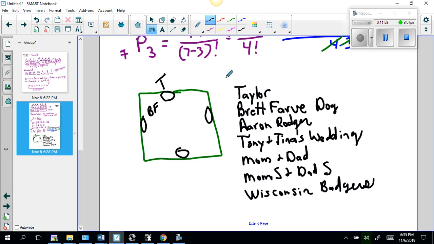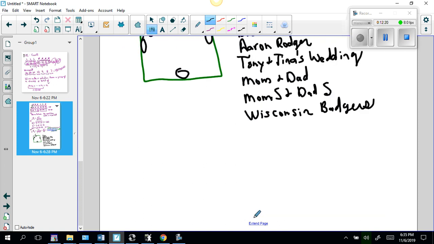Now, can I use a picture more than once? The answer is no, because I only got one of each. So you can't repeat. So no repetition, because it's impossible to repeat because I don't have duplicates of my pictures, and order is important. You know how many ways we can hang up these pictures? Well, here's the coolest thing.